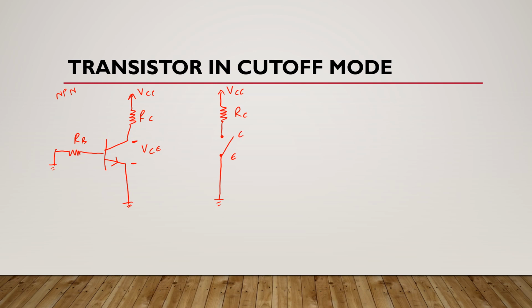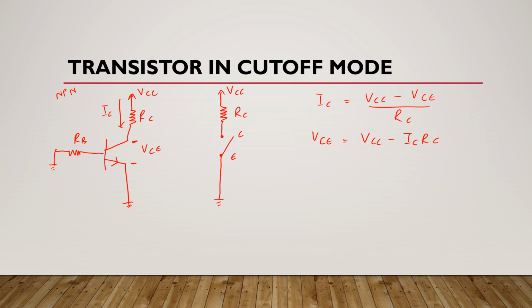Now, we know that collector current flows in this direction. So, the formula of collector current is VCC minus VCE divided by RC, because we know that here VCC is at higher potential and VCE is at lower potential. And if we rearrange this equation, we get VCE is equal to VCC minus IC RC.